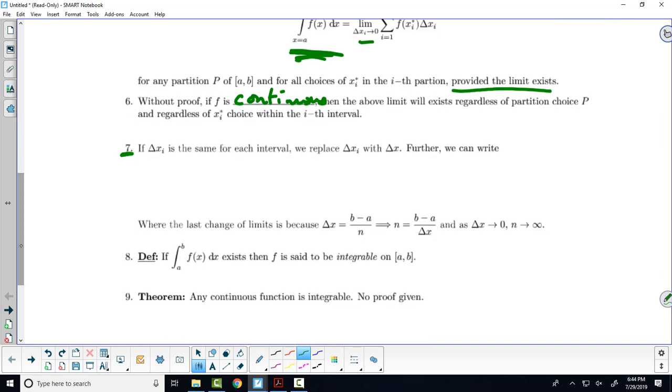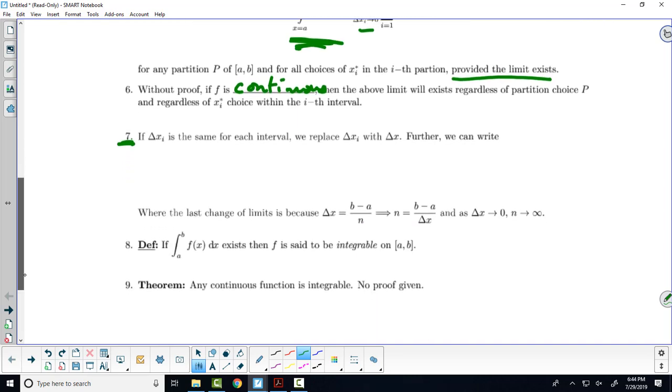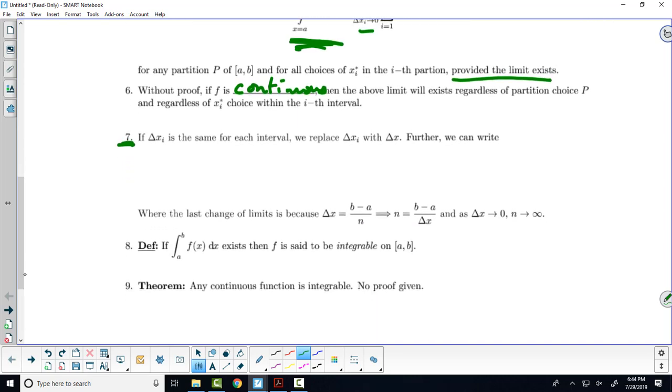Okay? So what does this mean? This is the information I'm going to put into 7, but I just want to continue with this. That's kind of confusing for you, so let me write it here. If all the delta xi's are the same, then we can replace this definition with just delta x.